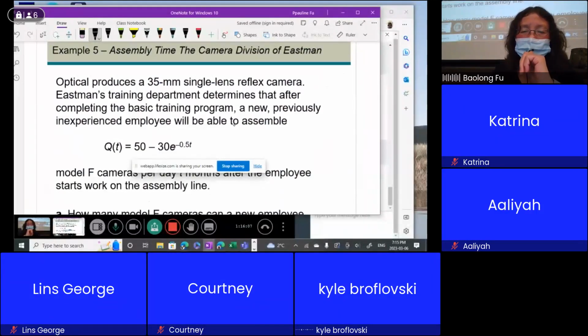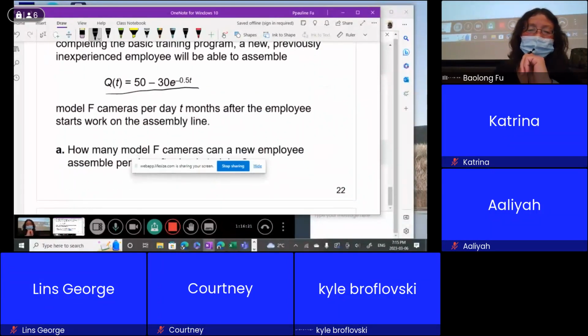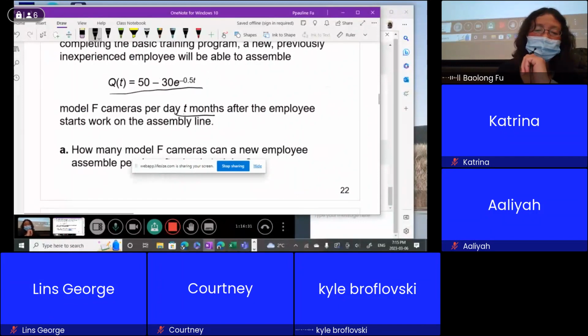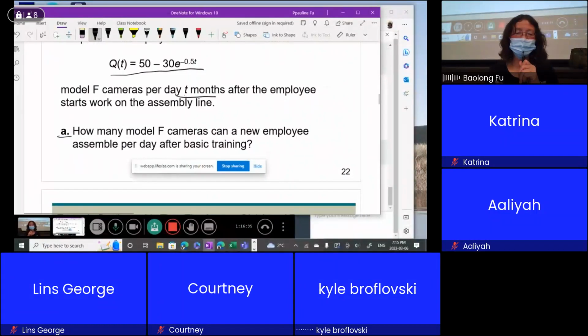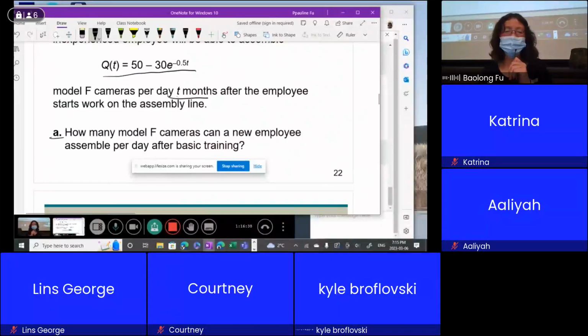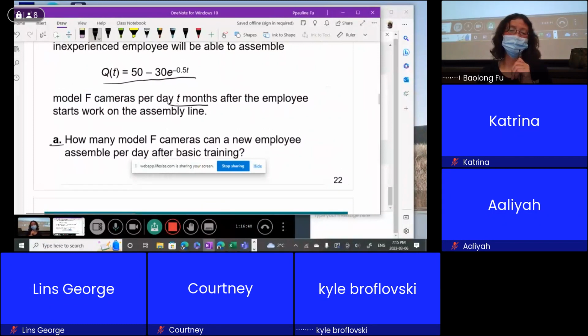Eastman's training department determines that after completing the basic training program, a new, previously inexperienced employee will be able to assemble this amount of cameras. t is in months, the unit is months. Question A, how many models can a new employee assemble after basic training? That is the question.